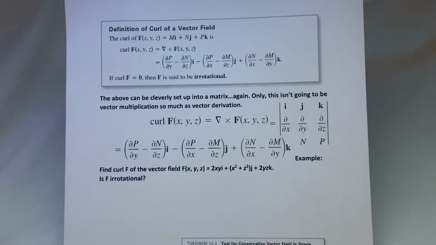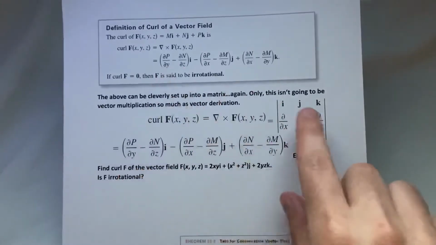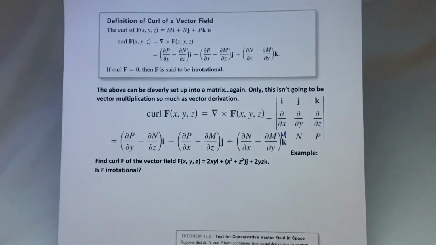So the above can be cleverly set up into a matrix. It's not really a matrix multiplication so much as matrix vector derivation. This picture here is the matrix i, j, k, then the x, y, and z partial derivatives, and then M, N, and P. It's just that M is cut off here.